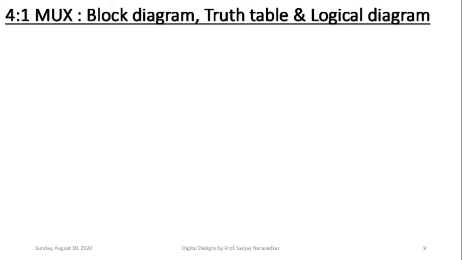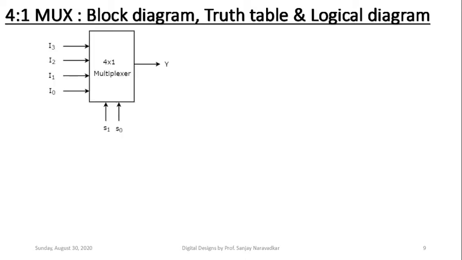So here is the block diagram of that 4-to-1 multiplexer. You can observe it. As usual, from the left side, the 4 inputs will be connected: I0, I1, I2 and I3. Of course, that sequence is not that important.